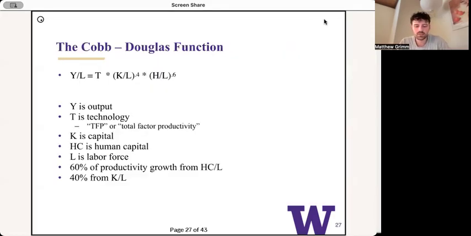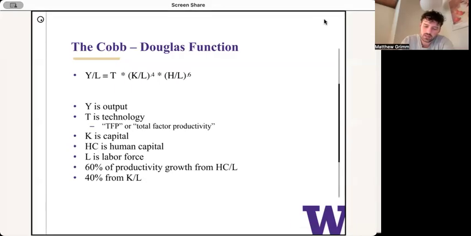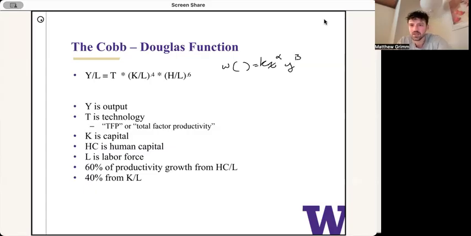Very nice. Okay, so this gets into what's called the Cobb-Douglas function. The Cobb-Douglas function is a very famous production function for our case. It's also used in a lot of other areas of economics. Currently, in my research, I use a version of the Cobb-Douglas function, which is actually a function of wage, and it looks something like this, where K, X, and Y are variables that I'm interested in.